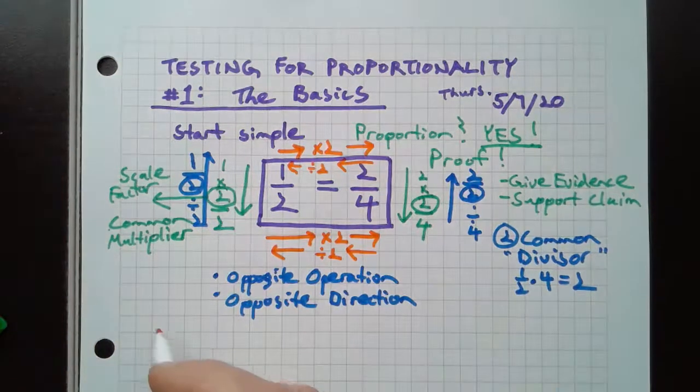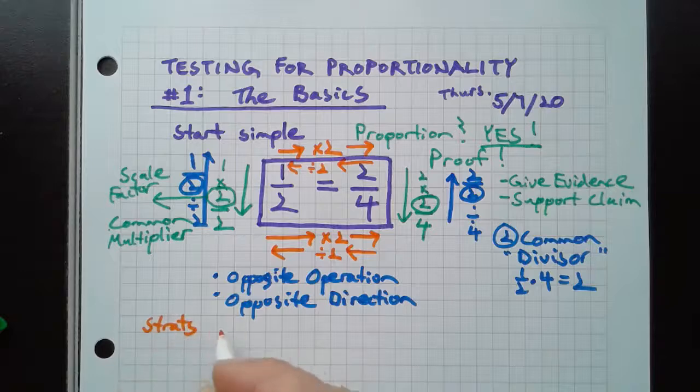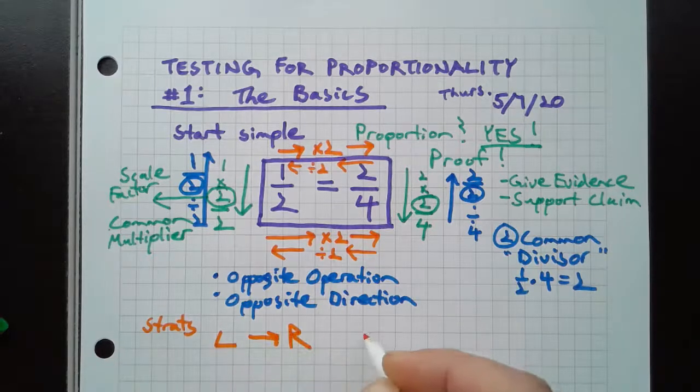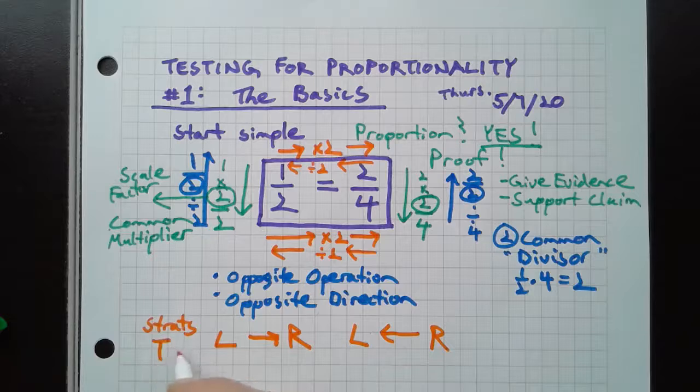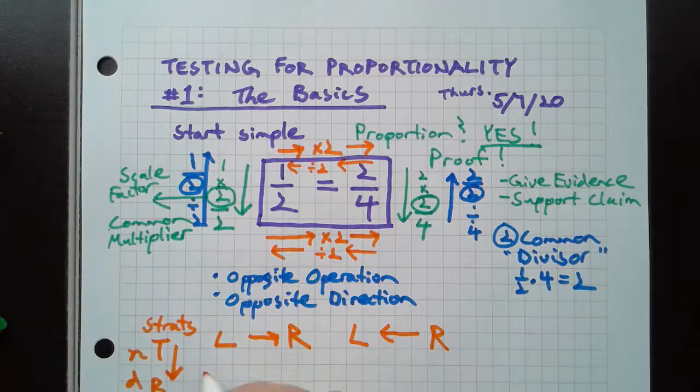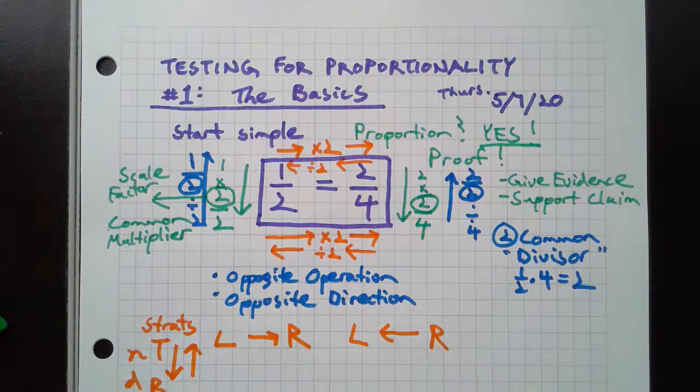So here are our strategies so far. We have left to right. We have right to left. We have top, or numerator, to bottom, denominator. And we also have bottom to top.